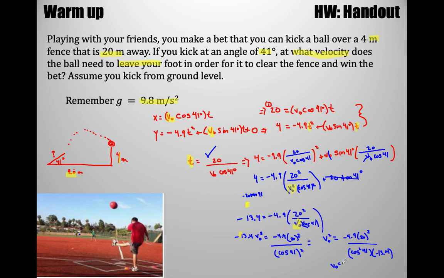That is what you are going to divide negative 4.9 times 20 squared by. And then you need to square root that. And when I did all of that, making sure my parentheses were correct, I ended up with 16.0203 meters per second.